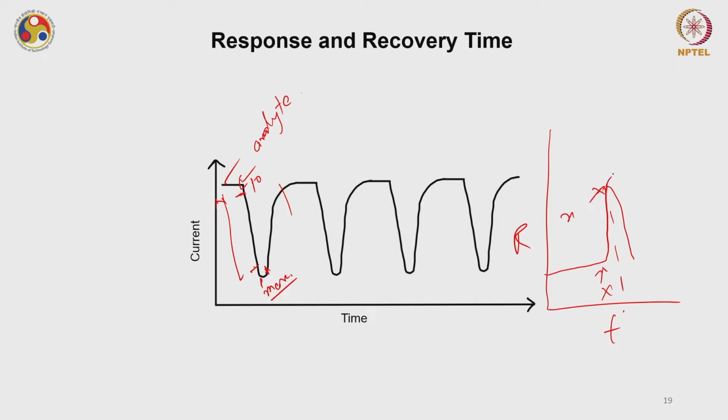It keeps on increasing, and then it starts decreasing. If you see, you do not have any saturation value. For these cases, it is better to define it as 90% of the maximum value rather than getting confused. So this is how the response time and recovery time of a sensor is defined.